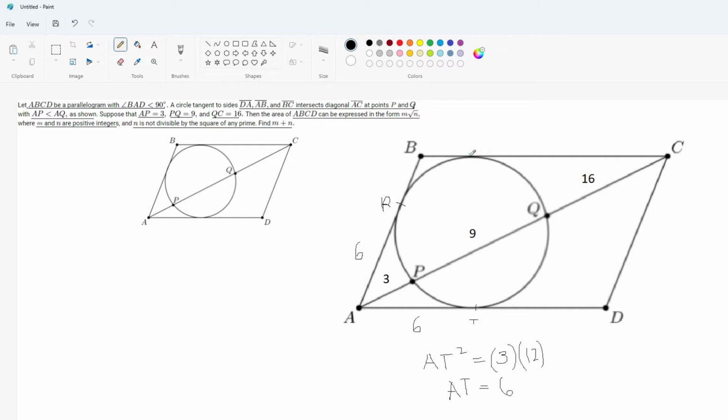Labeling this point as S, we can use the same power of point identity to state that CS squared is equal to CQ times CP, which is 16 times 16 plus 9, or 16 times 25. Just simplifying this down, we get that CS is equal to 20.